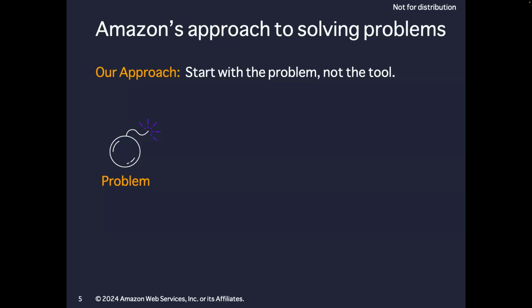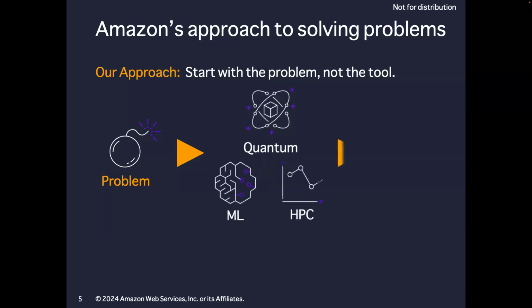We start with the problem, and at least in my team, we look at it through the quantum lens, to see if this is something that we can tackle on a quantum device. If the answer is yes, great, we can publish a nice POC, proof of concept, to show how it would eventually be solved on a large-scale quantum device. And if not, we can augment with, for example, machine learning, high-performance computing, operations research, or combinations thereof.